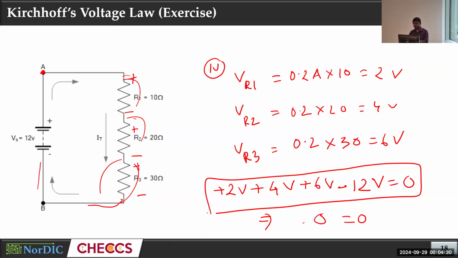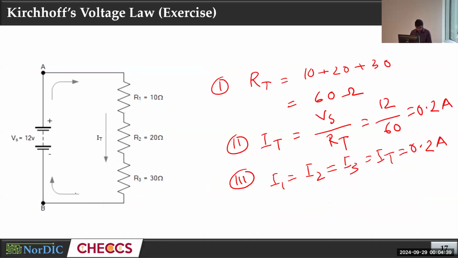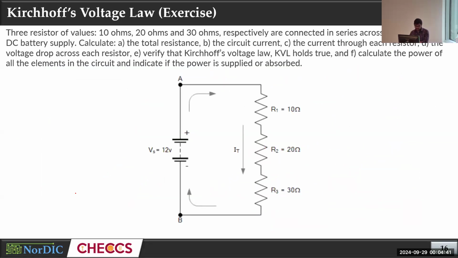So you just need to remember the way to write the KVL, the steps we learned together. So the final thing is to calculate the power of all the elements in the circuit. That's new, and you just learned that. So calculate the power of all the elements in the circuit and indicate if the power is supplied or absorbed.